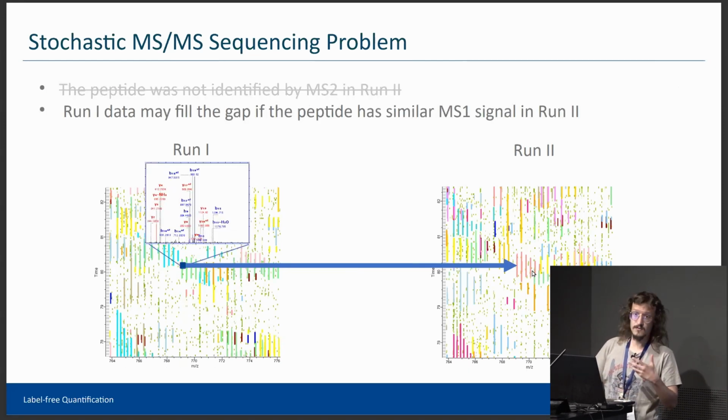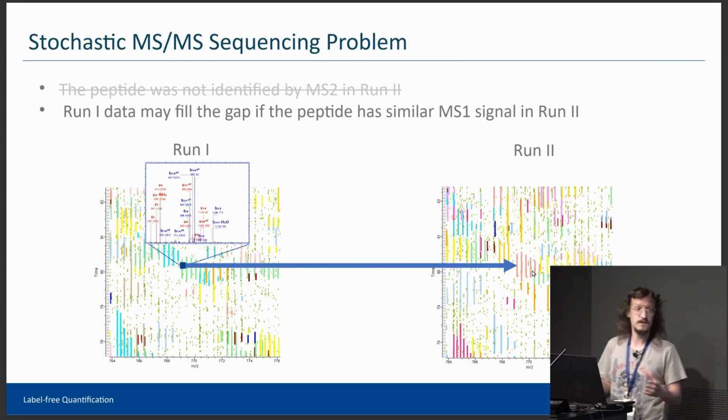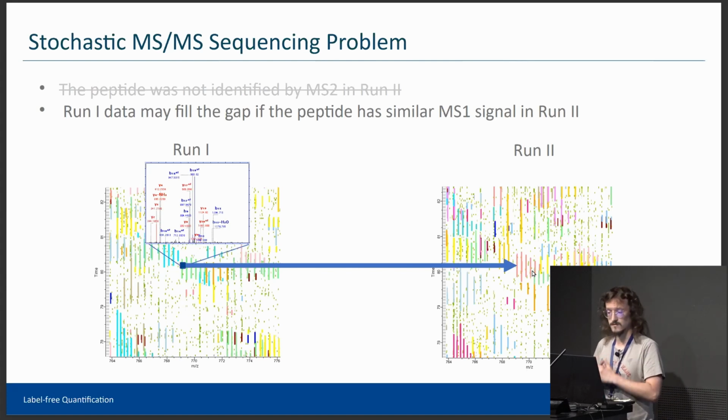So we know that the two MS1 signals are comparable, are similar. Then we can transfer information from the MS2 from run 1 to run 2, and we can say that we identified that same peptide in both of them. So the general idea is to increase the number of peptides that you analyze in your different runs, to make them more even together.